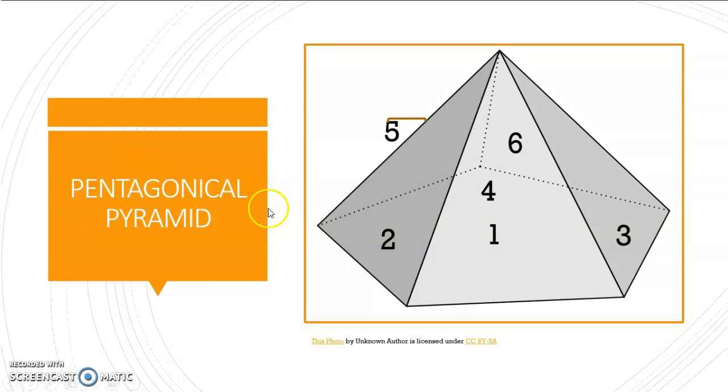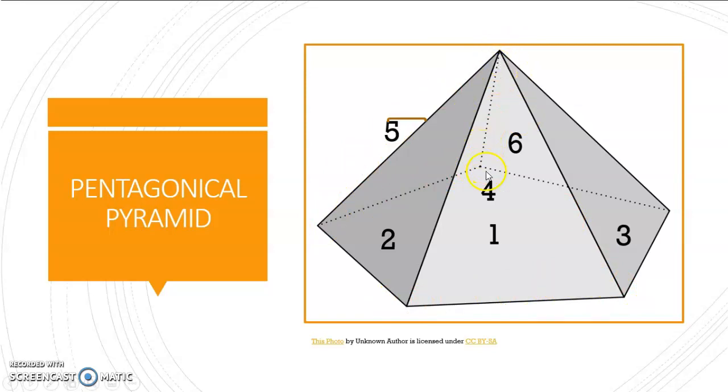If we look at a pentagonal pyramid, the 1 will be our base face, which is a pentagon. The second face will be this triangular face here. The third one will be this one. The fourth one will be this lighter gray one in the front. The fifth one is the one at the back.